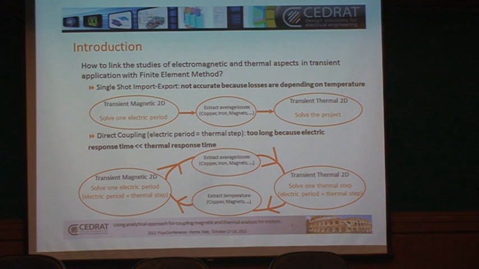I have in mind the duty cycles that I would like to run. So I solve for one electrical period, one electrical cycle, and once I have the cycle, I can compute the losses for the full cycle. I extract the average losses in the copper, in the iron, and in the magnet, and I send them into the transient thermal, and now I solve the project. That's what we call a one-shot approach.